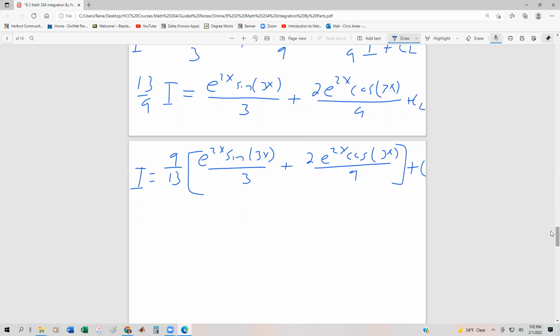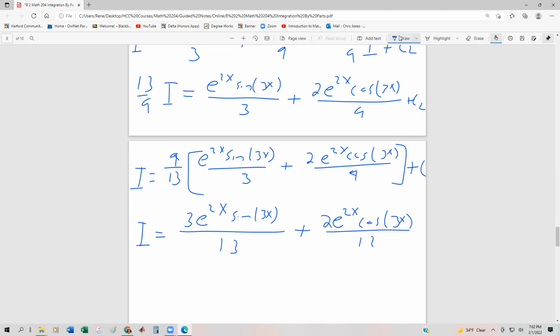So I is mercifully, 9 and 3 are going to simplify to 3e to the 2x sine 3x divided by 13. I don't know where I got 13x from. We have a 9 and a 9, that's going to cancel out. So we have 2e to the 2x cos 3x divided by 13 plus our constant of integration c. All right, and we are finished.